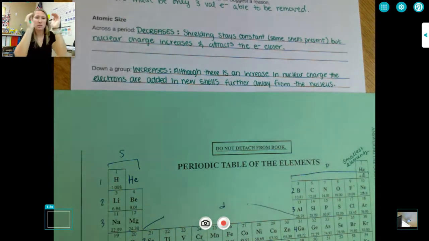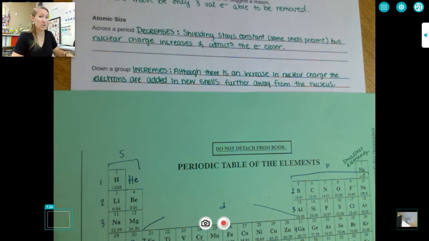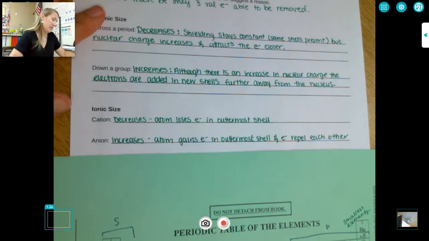So I'm building out as I go down a group. And if I'm building out as I go down a group, that means that I'm getting bigger. And even though my nuclear charge is increasing, it can't handle how far away the electrons are in the further shells. So my size greatly increases and increases quickly moving down the periodic table.